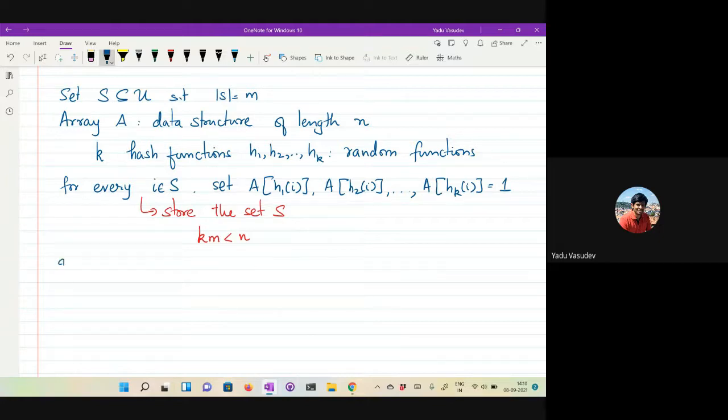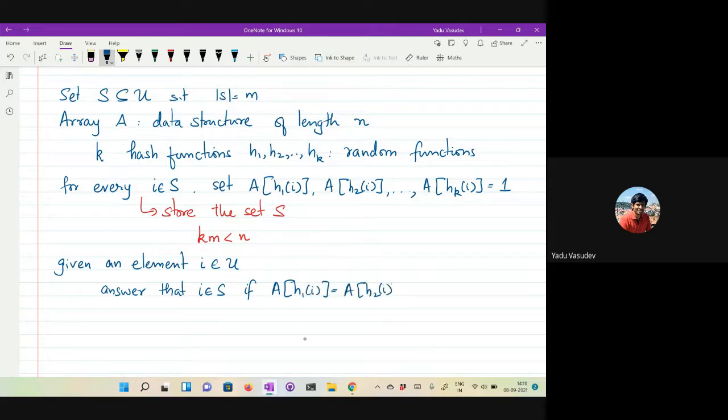Given an element I in the universe, you answer that I is in S if A of H1(i), A of H2(i), all these indices return a 1. Okay, so this is the search process. This is how you do the membership test.